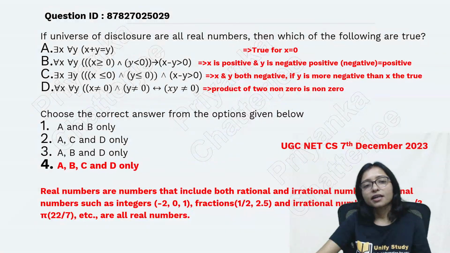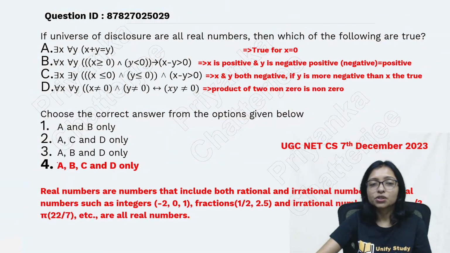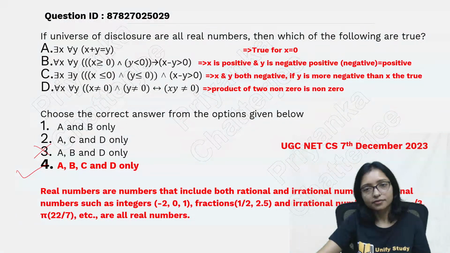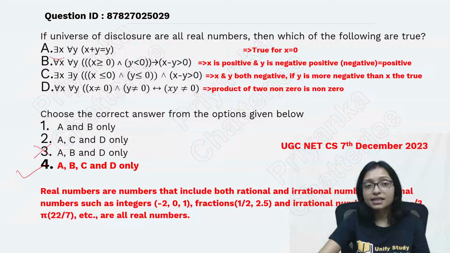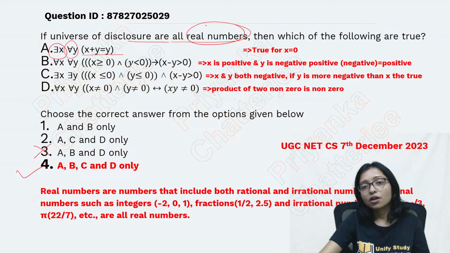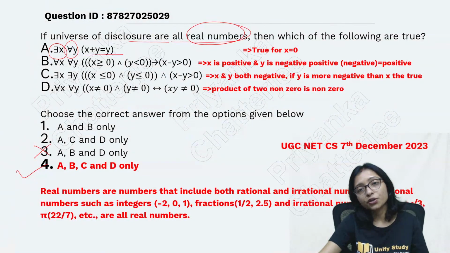Yeah, here I am getting an answer from Gulshan, but Gulshan, you are wrong. Option 3 is wrong. Option 4 is the correct answer. Now you need to think. There exists x for all y, x plus y equals y. The universe of discourse is all real numbers.